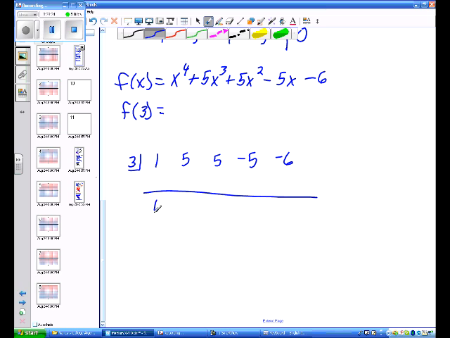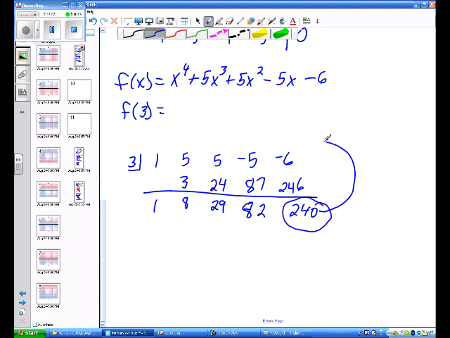I'll bring down my first number. 3 times 1 is 3, plus 5 is 8. 3 times 8 is 24, plus 5 is 29. 3 times 29 is 87, plus negative 5 is 82. 3 times 82 is 246, minus 6 is 240. That's my remainder, so that's what I would get if I plugged it in.